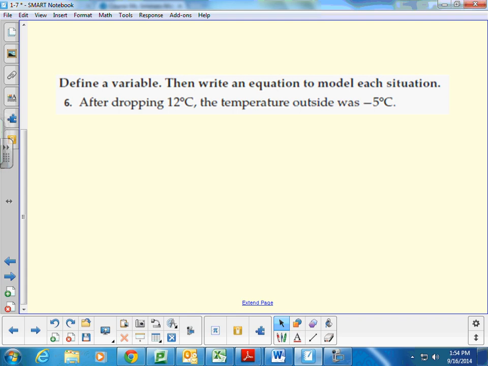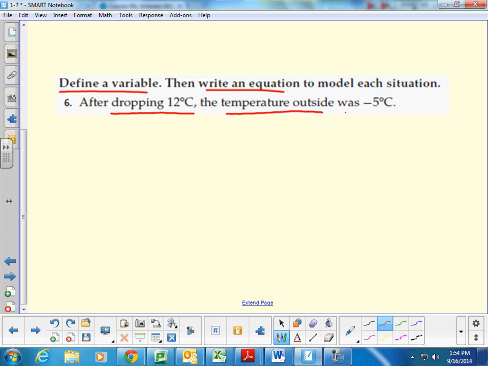All right, last one. Again, we see that we need to define the variable first, okay? And then write an equation that matches. After dropping 12 degrees Celsius, the temperature outside was -5 degrees Celsius. I see dropping 12. I see temperature outside was, I know that is equals, and -5 degrees.